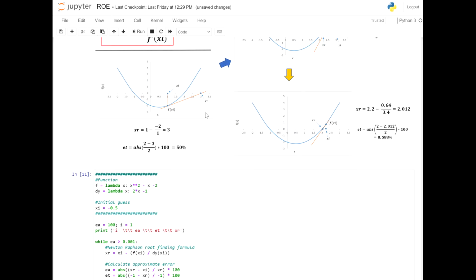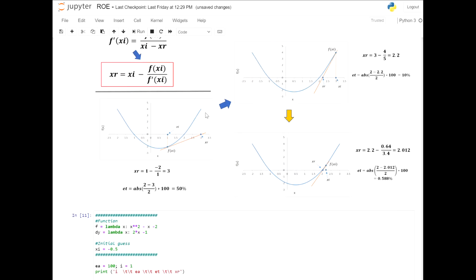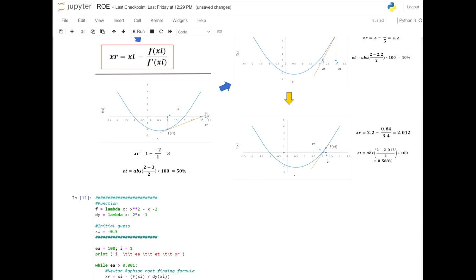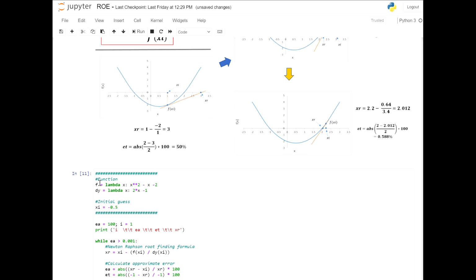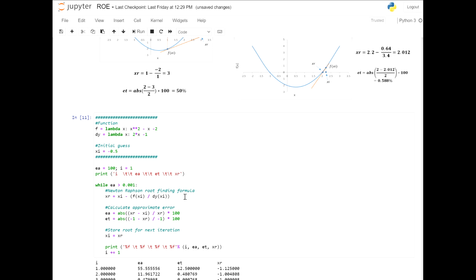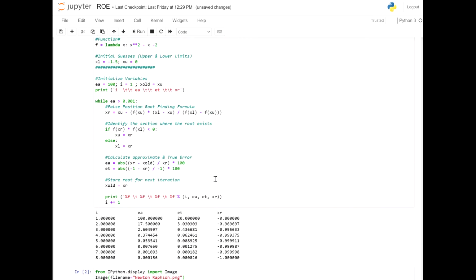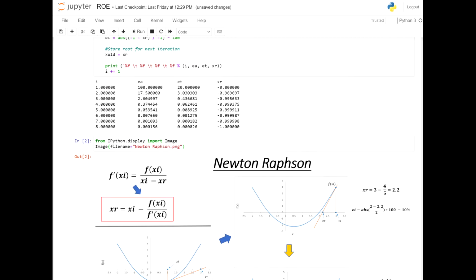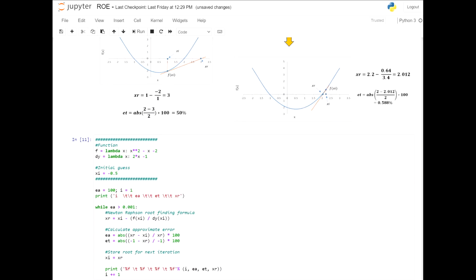You can see from this lesson, it's actually a very, very simple code. The difference between the Newton-Raphson and the false position and bisection is, one, you need to know the derivative of the function that you're actually dealing with. And you can see that we have omitted the code that identifies the section where the root exists. So we omitted this code and we added the derivative, and since this is an open method, we're only dealing with one initial guess.